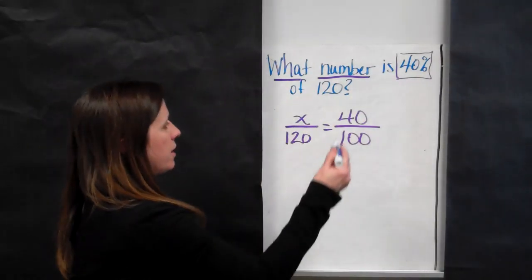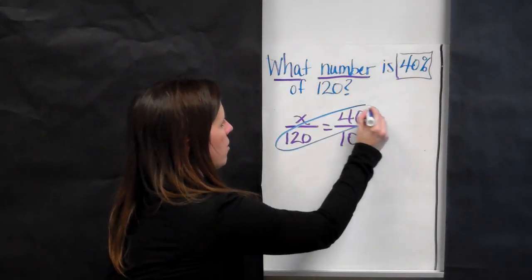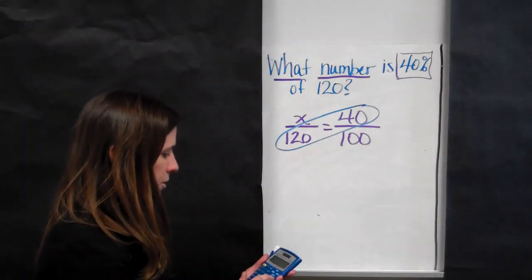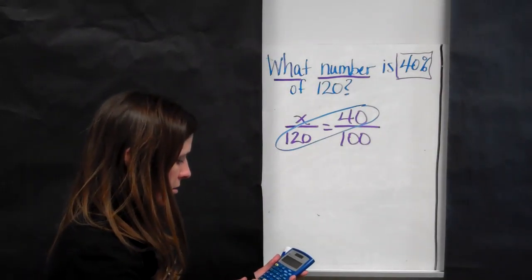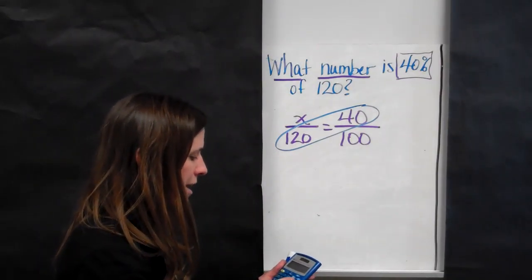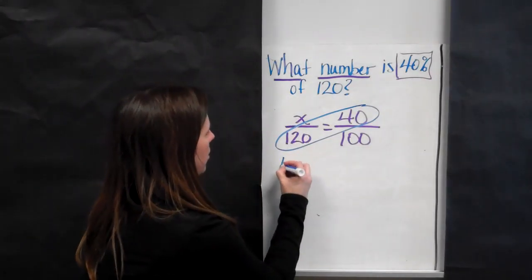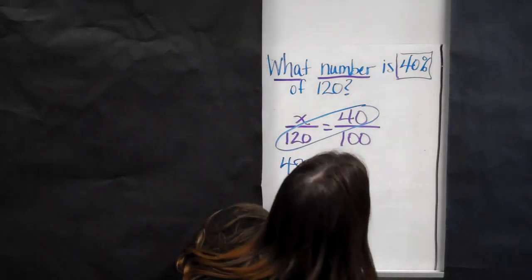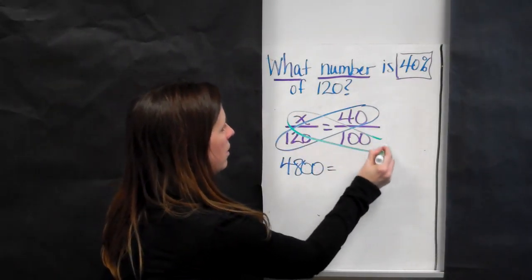We're going to use cross product again. 120 times 40 is 4,800. And that's going to be equal to 100 times x, which is 100x.